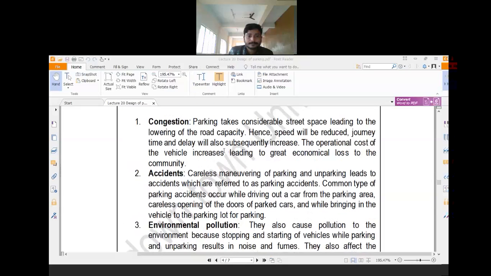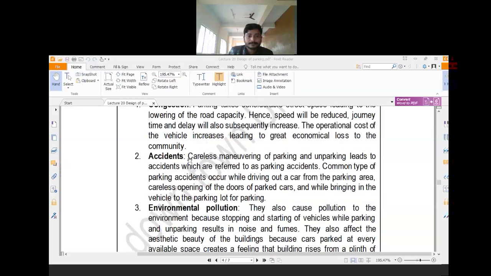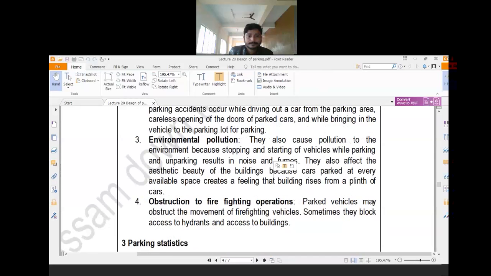Now, there are different ill effects associated with parking. First one is congestion. Whenever you try to park your vehicle beside the road, that is on-street parking, it will create some traffic congestion. Then accidents. Whenever you are parking or unparking from a particular area, it can lead to congestion and ultimately to accidents.